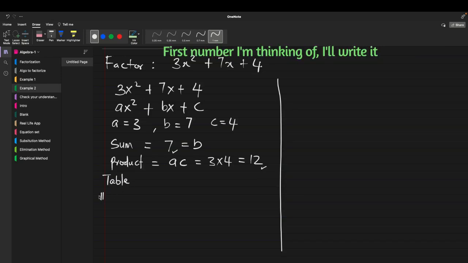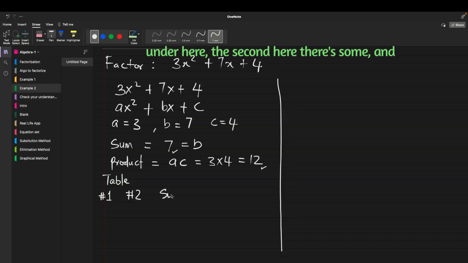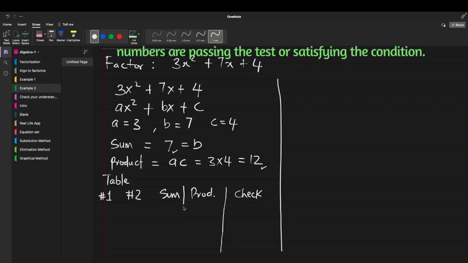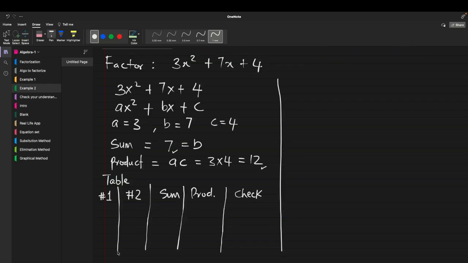The first number I'm thinking of, I'll write it under here, the second here, their sum, and I'll check their product, of course. And I want to be sure that these numbers are passing the test or satisfying the condition.